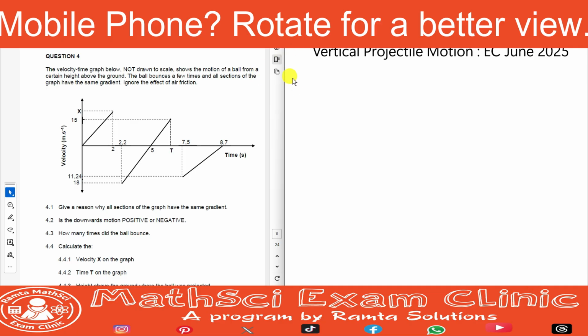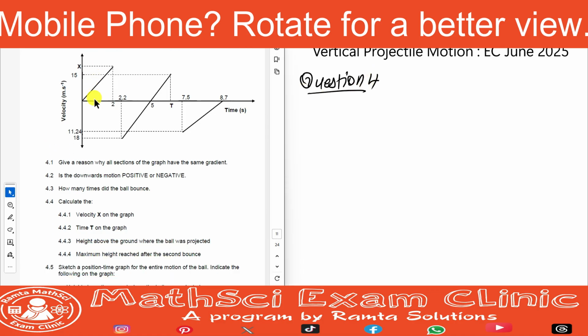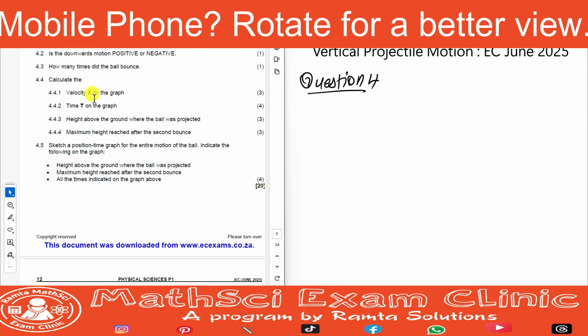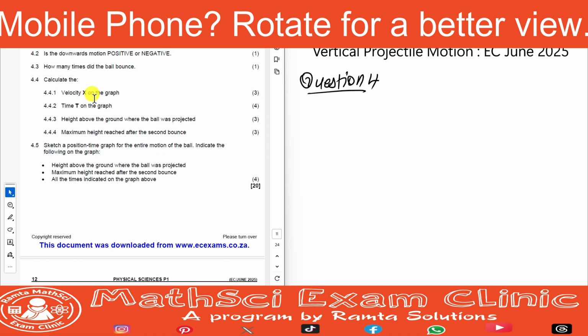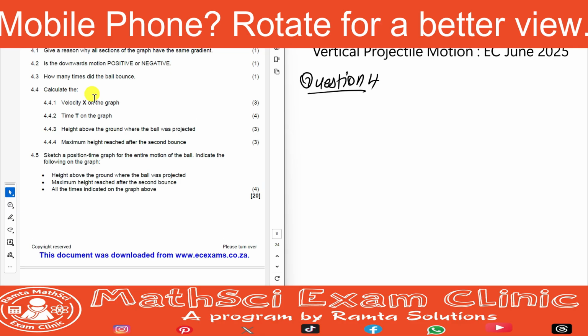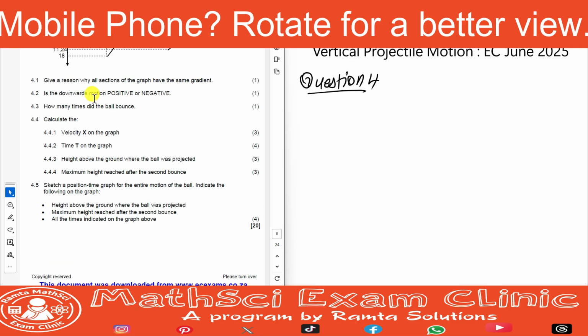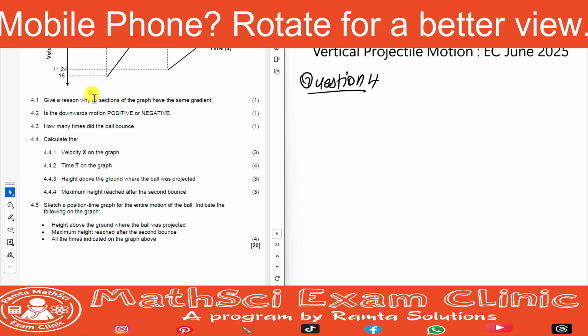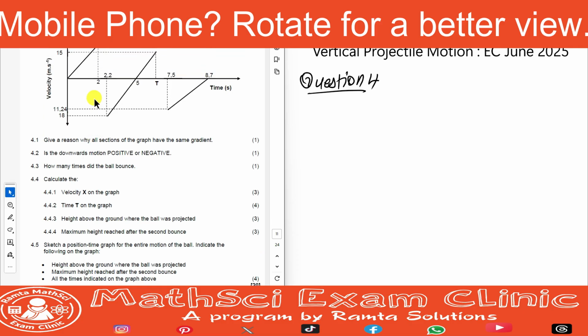This is question 4, vertical projectile motion, and it was a total of 20 marks. So we have 20 minutes to finish this question. All right, let's proceed.